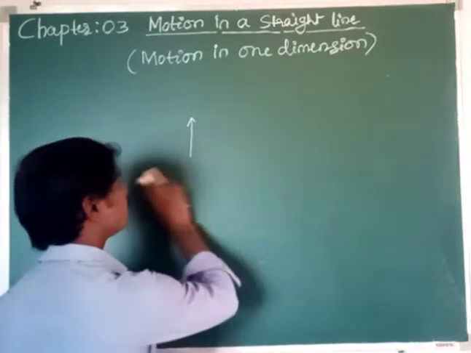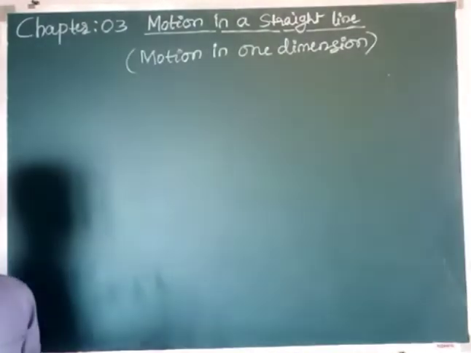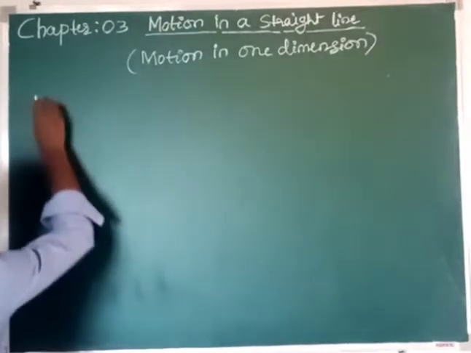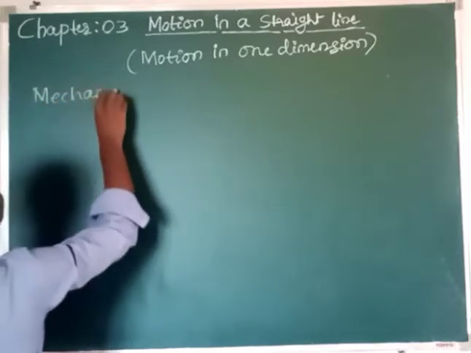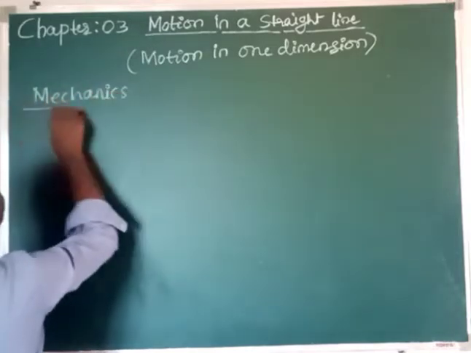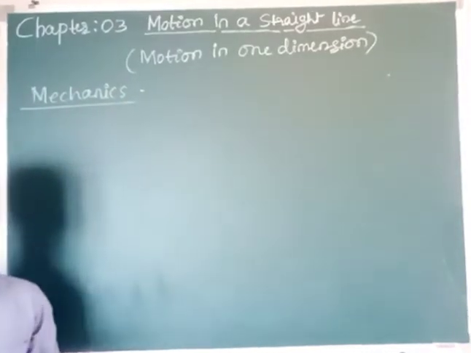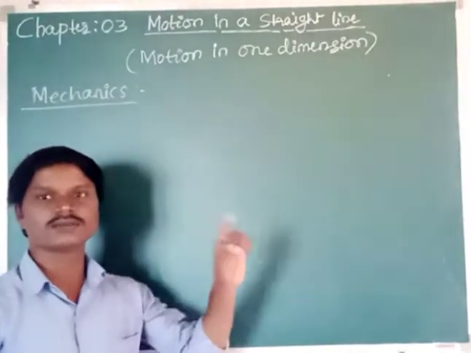Mechanics is the branch of physics, but it deals with the study of objects at rest and objects in motion. We are going to discuss about mechanics. What is mechanics? It is the branch of physics that deals with the study of object is at rest and object is in motion.